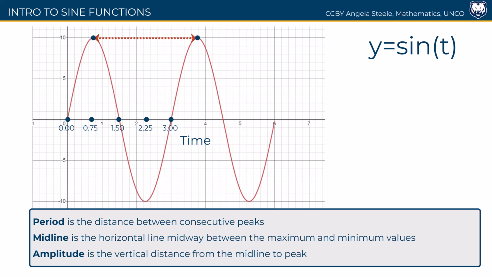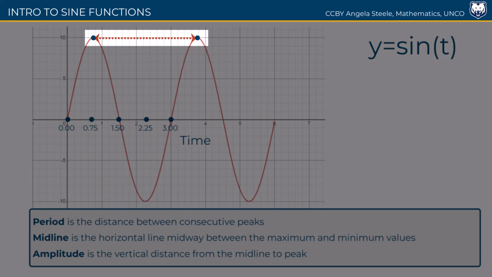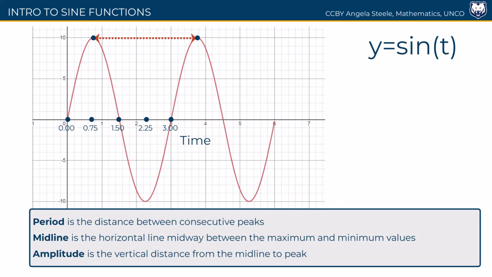I'll start with the formal definition. So from peak to peak, you can see we have one peak at 0.75. We have another peak here at 3.75. And so the distance between those 2 peaks is a difference of 3 minutes. And so that's going with that definition. It's the distance between consecutive peaks.